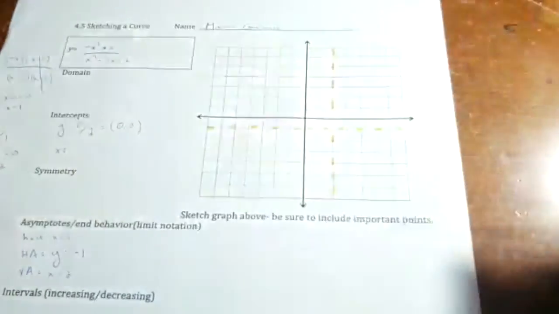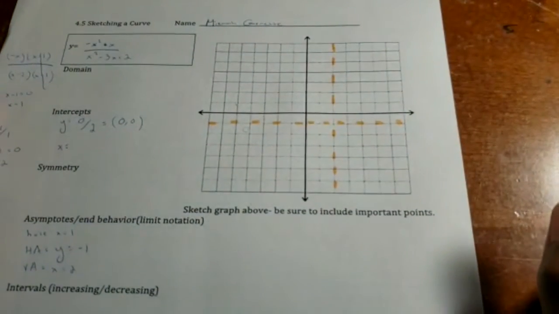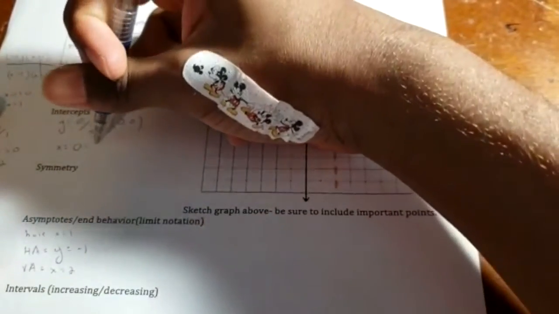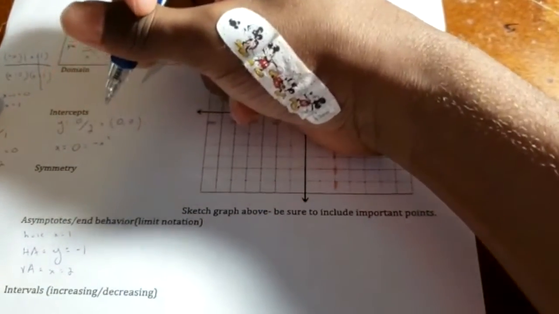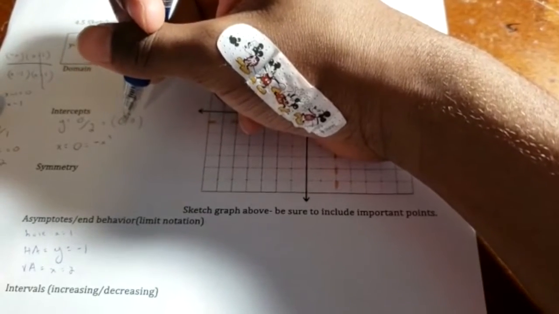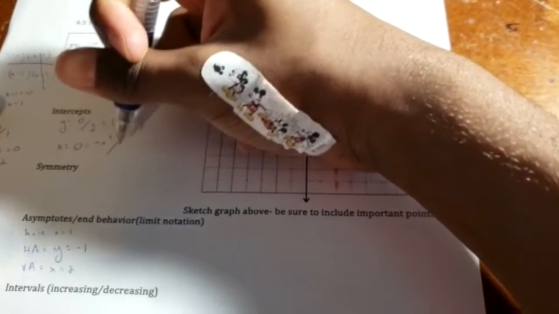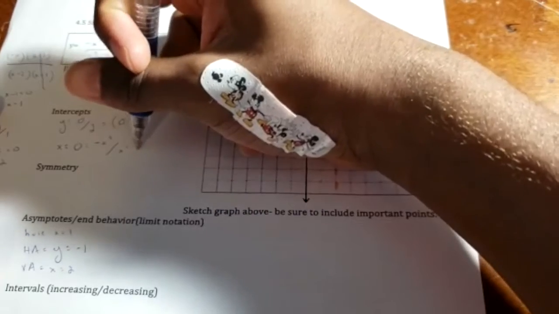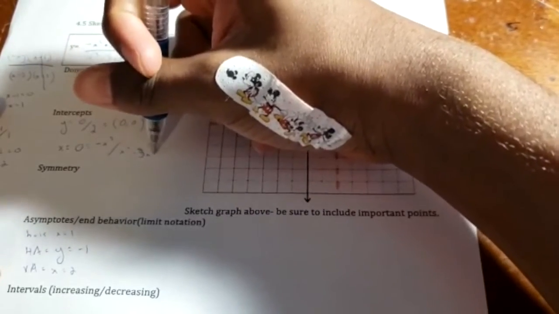And then for the x-intercept, you will make y equal to 0. So you have 0 equals negative x squared plus x over x squared minus 3x plus 2.